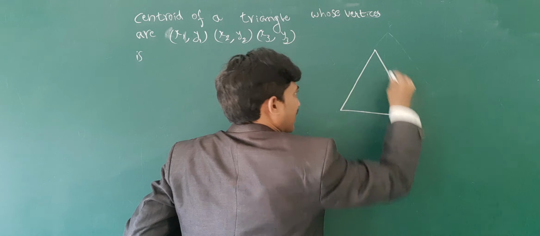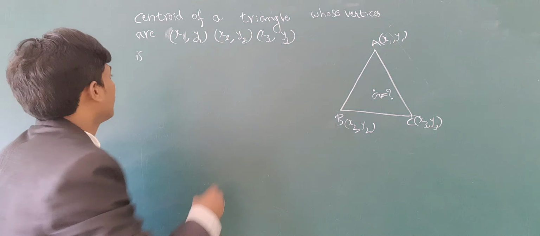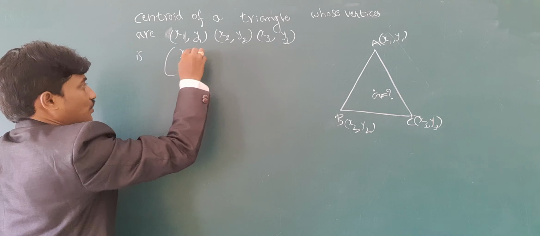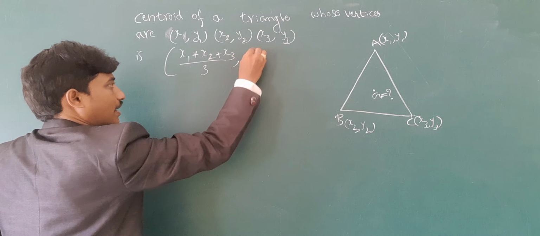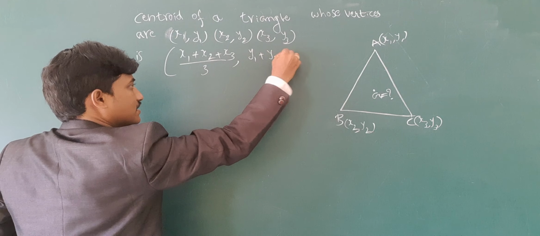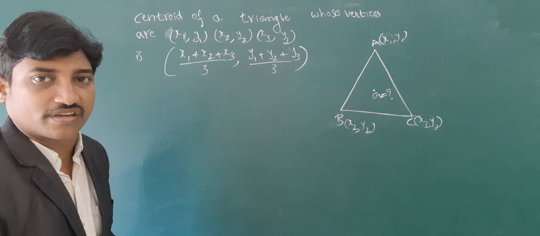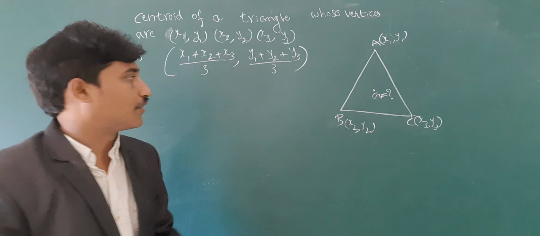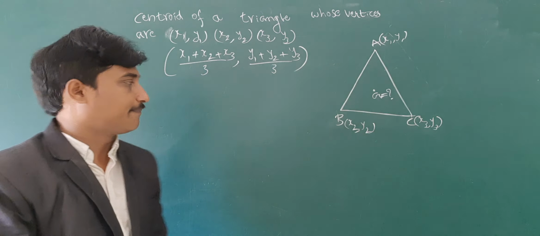Every triangle has a centroid G. We can find the centroid using these three vertices. The centroid of the triangle is the ordered pair ((x1 plus x2 plus x3) by 3, (y1 plus y2 plus y3) by 3).